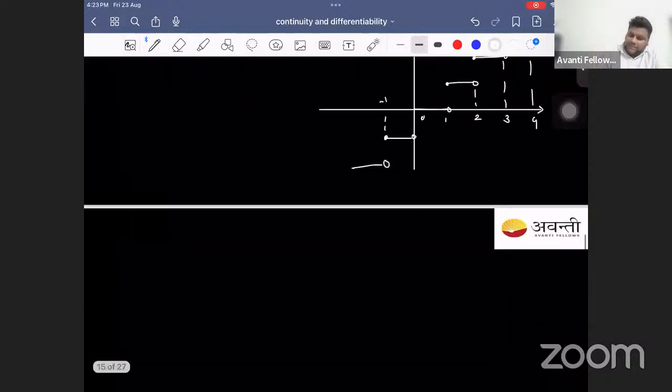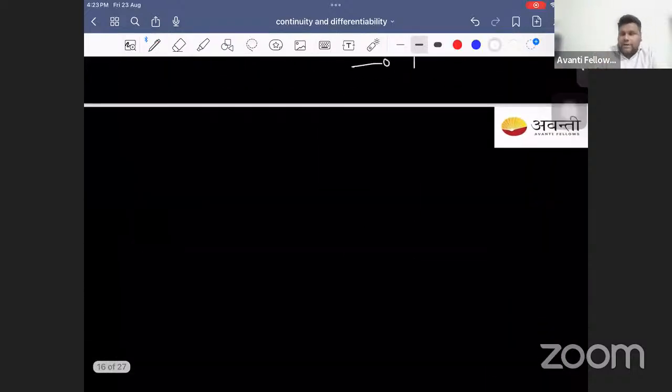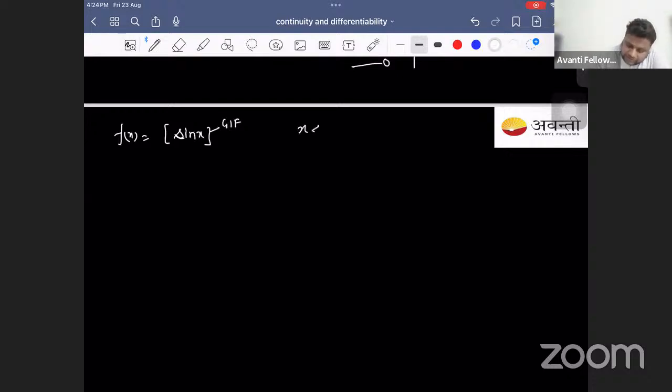Now, with this thought, I will show you how to draw f(x) equals greatest integer of sin x. This is the greatest integer function, greatest integer of sin x, x lies between 0 to 2 pi. So now we will draw this graph and count the number of points of discontinuity.